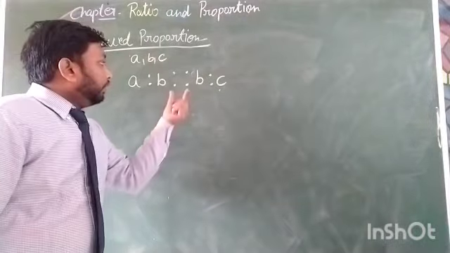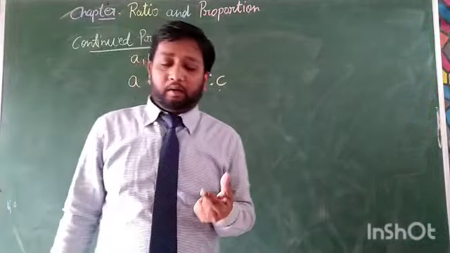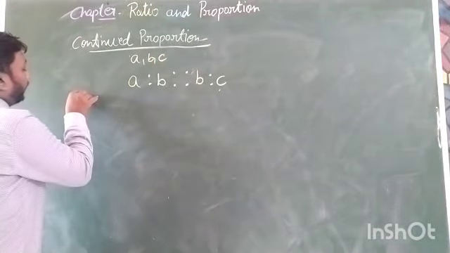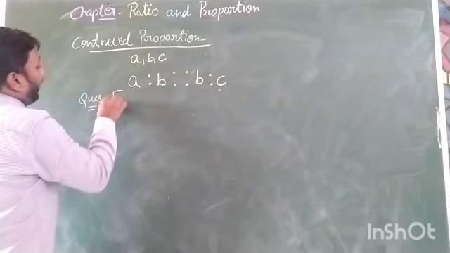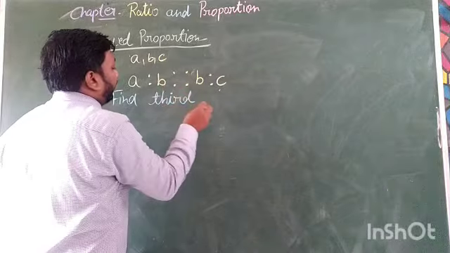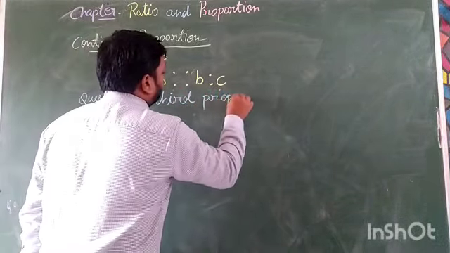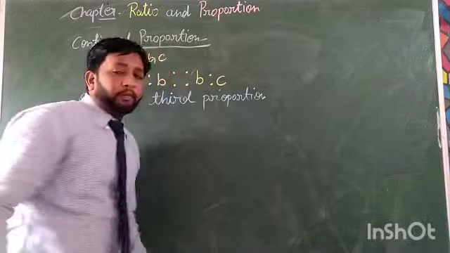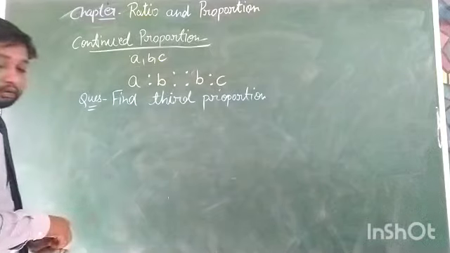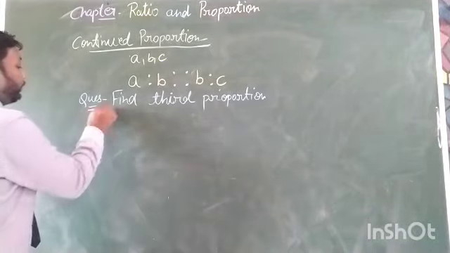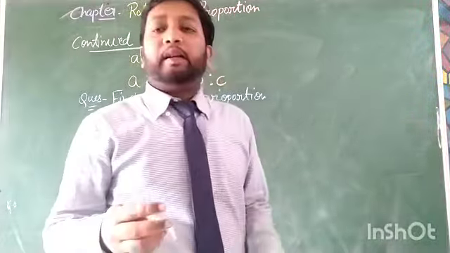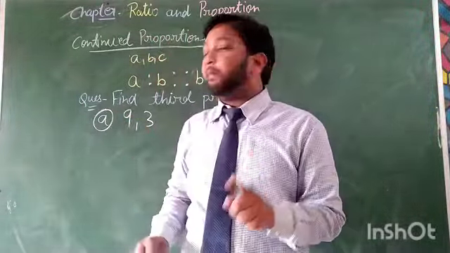Now, based on this, we have one question: find the third proportion. If the question says find the third proportion, it means the given terms are in continued proportion, because if they were not, we would be given three terms.